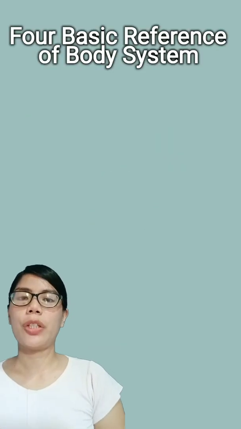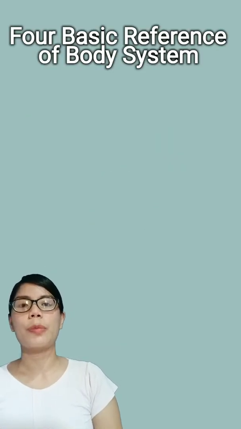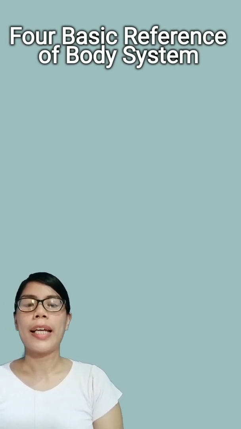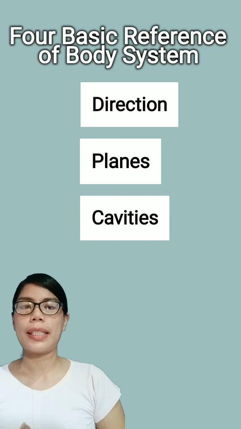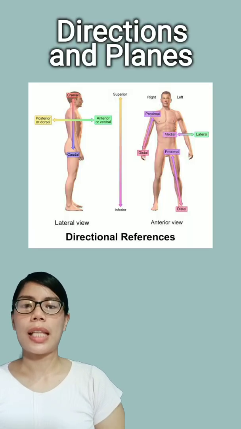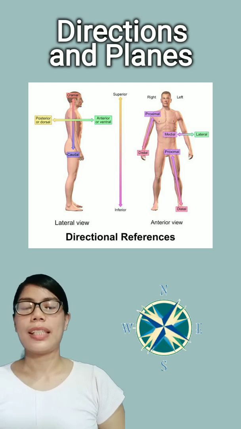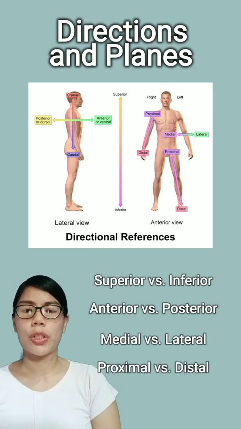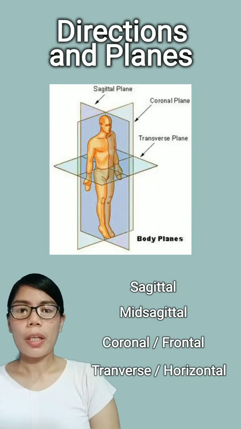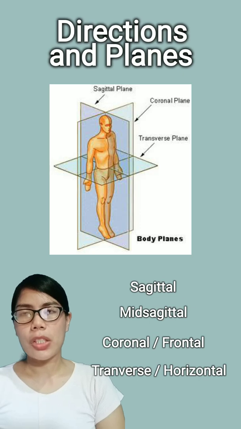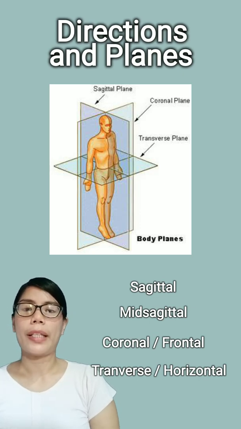Next is the application of the four basic reference systems of the body. The four basic reference systems of the body are direction, planes, cavities, and structural units. Anatomical direction is like north, south, east, and west. It can be used to describe the locations of structures of the body, while anatomical planes are used to describe specific sections or regions of the body.